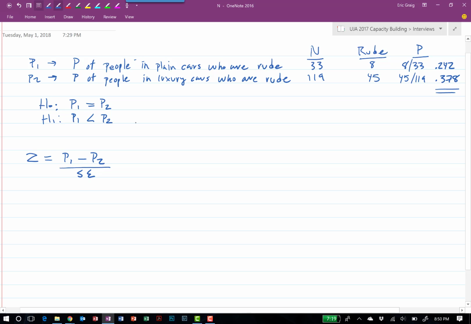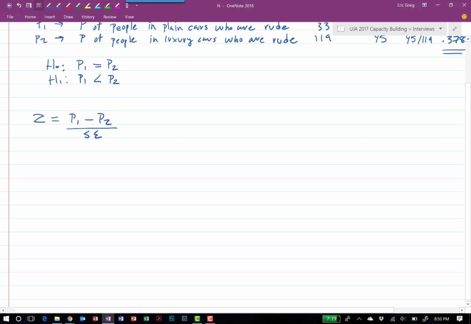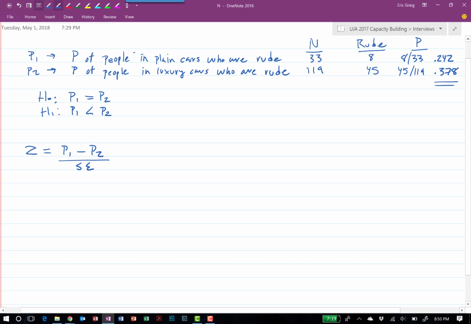It is the value from the other sample. So bear that in mind. Right, so what do we need here? We have this part. We have P1 and P2. Those are over there. We can do that subtraction very simply. What we do need, though, is that standard deviation or standard error.